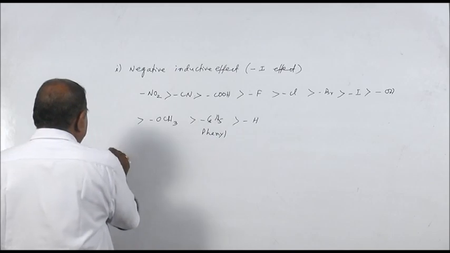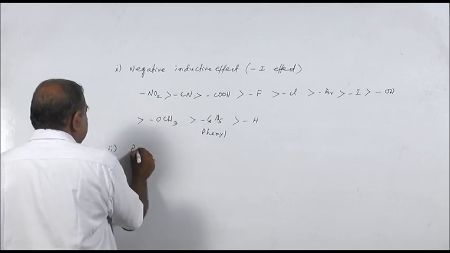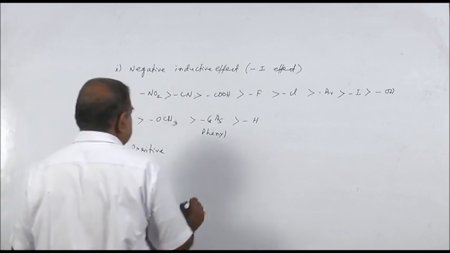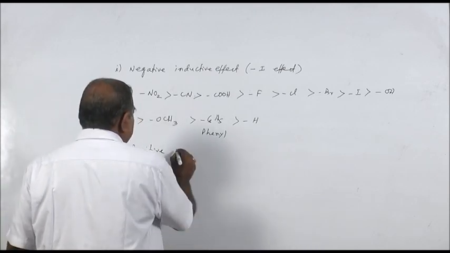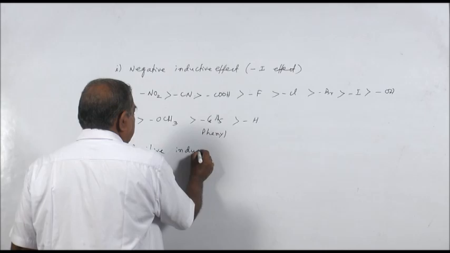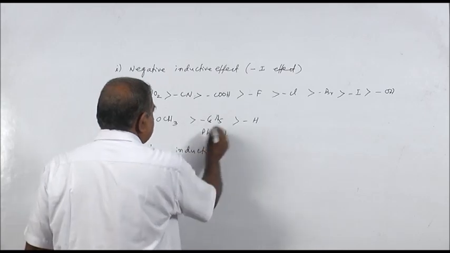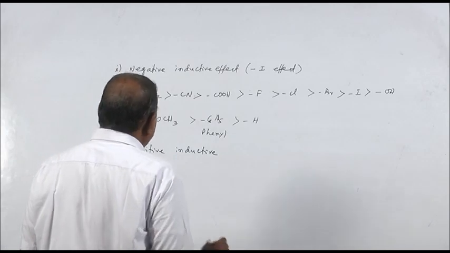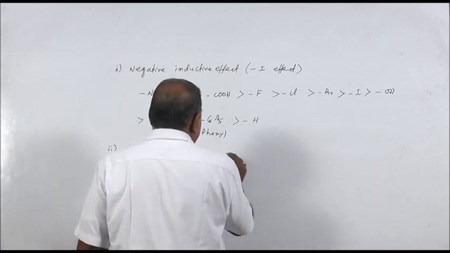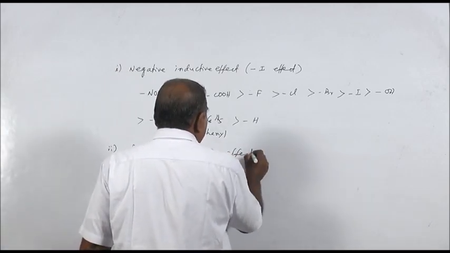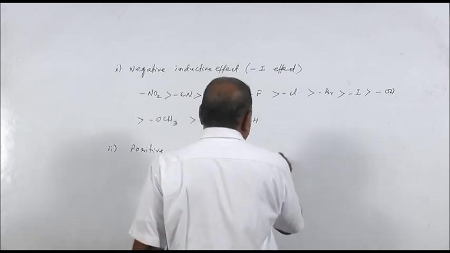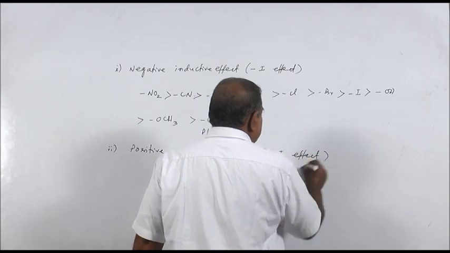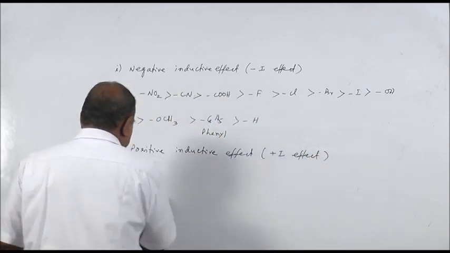On the other hand, if there are some atoms or groups which push electrons from it towards carbon, it is called positive inductive effect. So the groups above are said to possess negative inductive effect. When groups are capable of pushing electrons away from it, they are said to possess positive inductive effect.